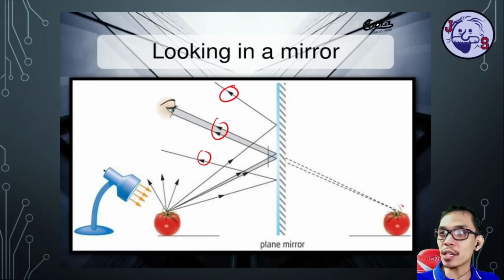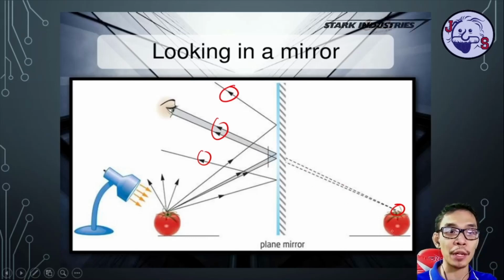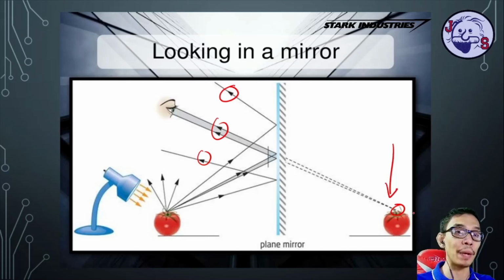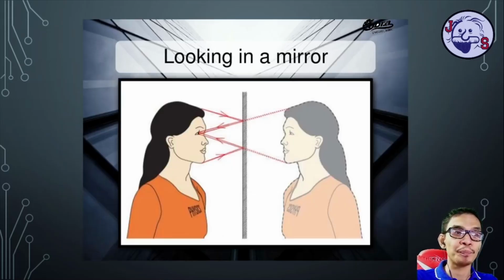The intersected reflected rays that you have right here happen behind the mirror, but there's no such thing as behind the mirror. So this image is a complete illusion created by our brain and the eye itself. So this is a virtual image, to be exact. That is the image formed by the plane mirror.